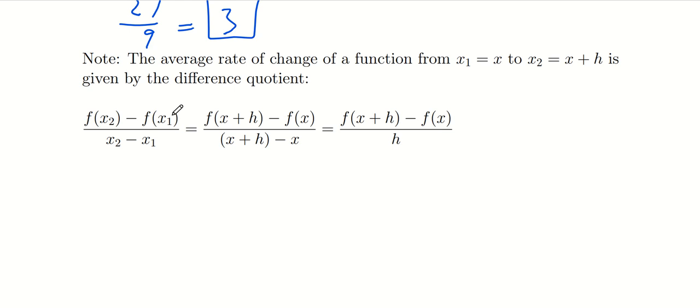If I use f of x2 minus f of x1, that becomes f of x plus h minus f of x, all divided by x2 minus x1, which is x plus h minus x. Notice that the x's in the denominator cancel, and we're simply left with that quantity h on the bottom. So the difference quotient in itself is actually a specific average rate of change, which is the slope of the secant line of the function between x and x plus h.